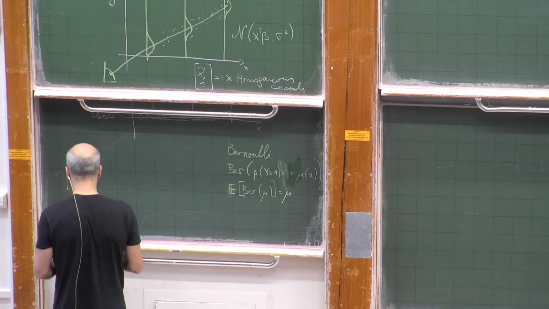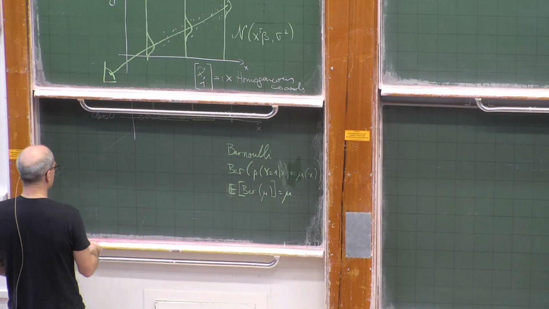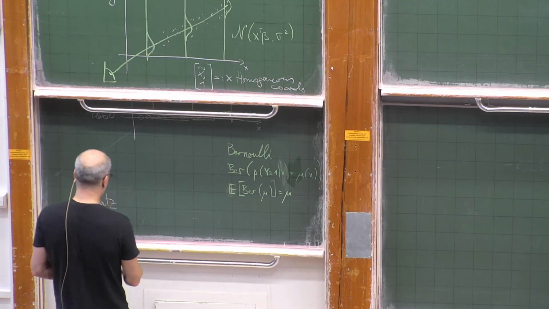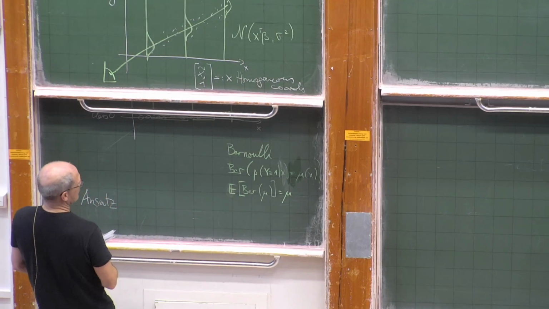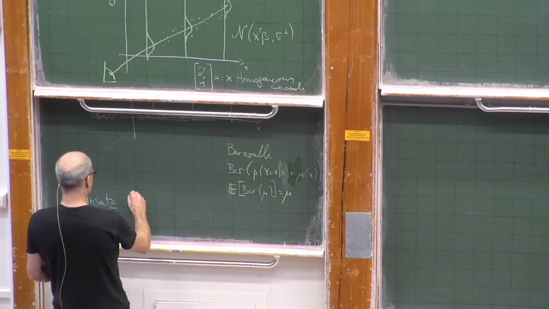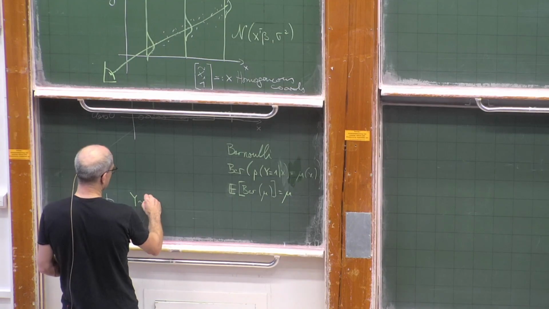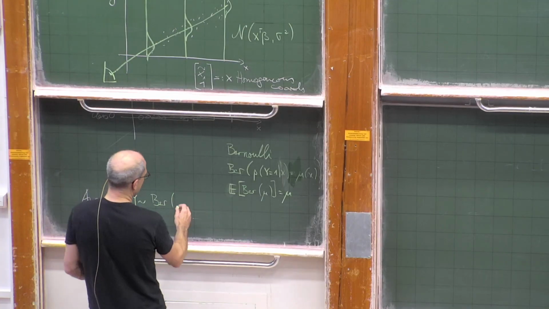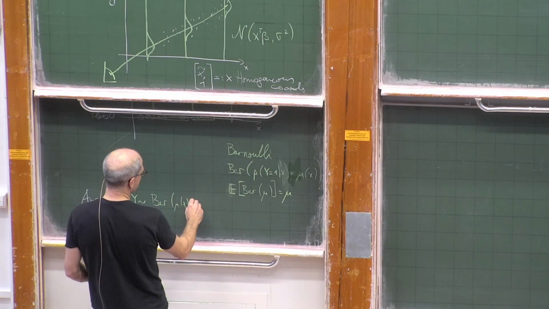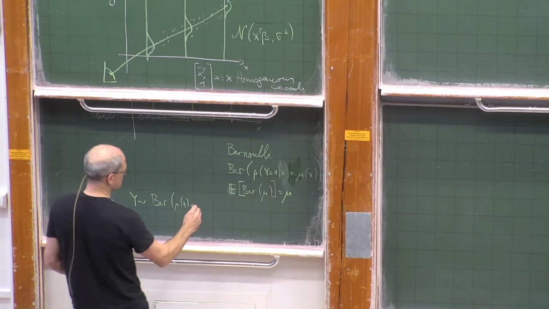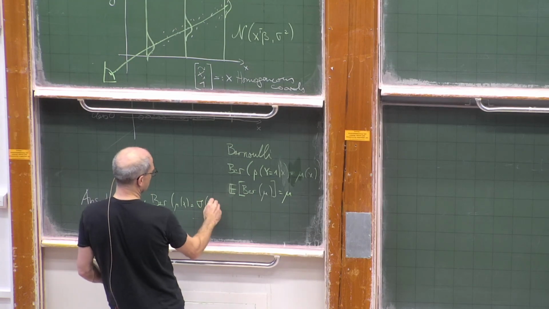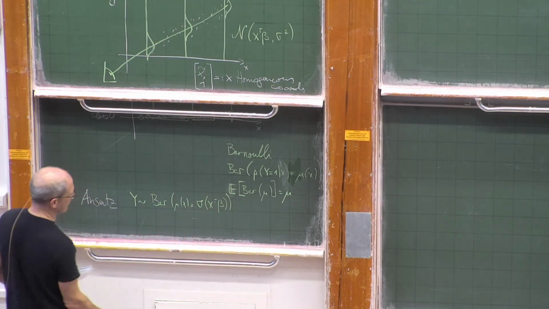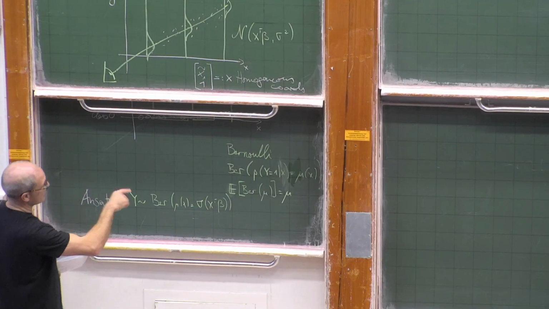And so what one does in logistic regression is to use an ansatz where we say that the observations y are distributed according to a Bernoulli distribution, and now this mu of x is assumed to be a sigmoid of something which is linear in the features.